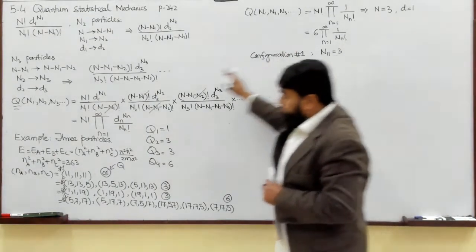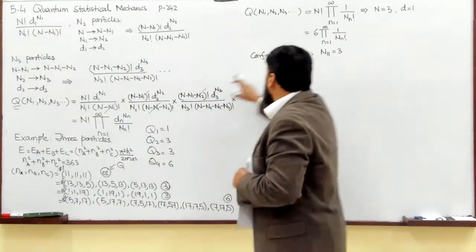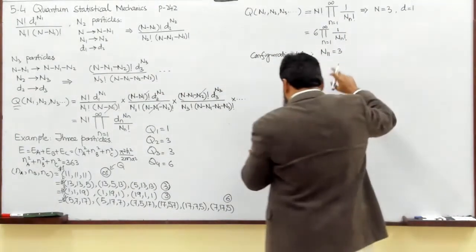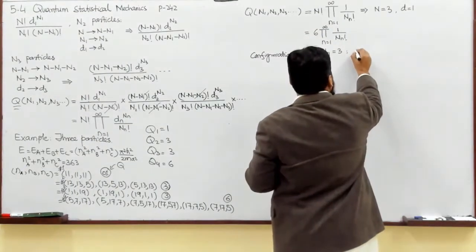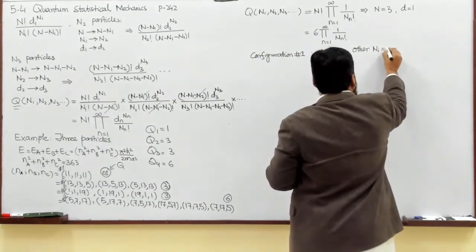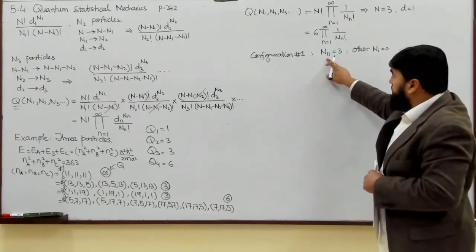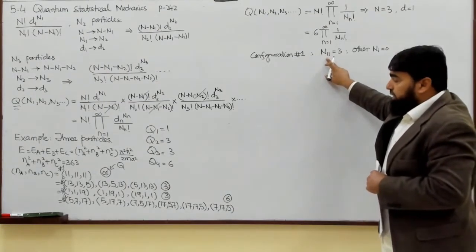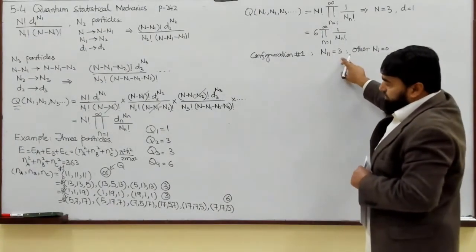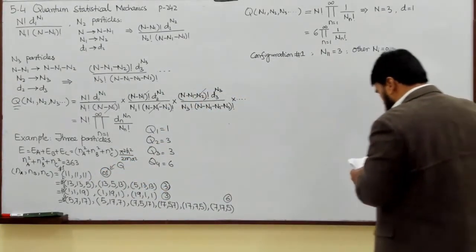It is only 11, which is repeated 3 times, and all other ni's are 0. We do not have n1, n2, n3, n4, and so on. So all other ni's are equal to 0, while n11 is 3.